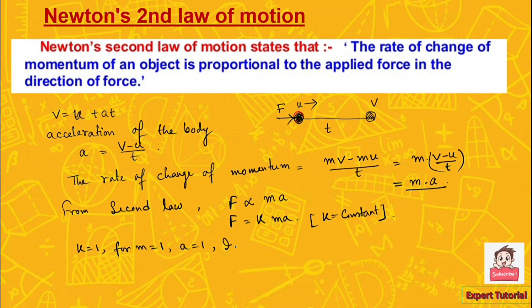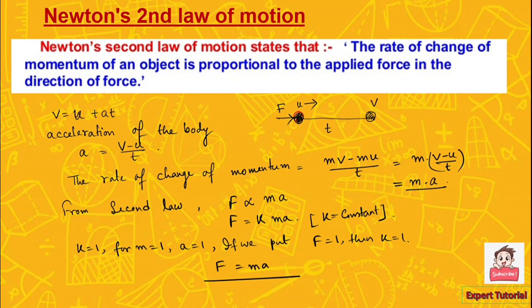If we put F equals 1, then k will be equal to 1. So by putting the value of k, we got the equation F equals m into a, that is, force equals mass into acceleration. And this equation is called the law of motion of a body of constant mass. So this is a very important equation.